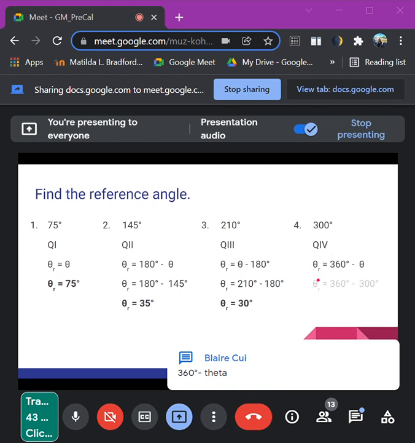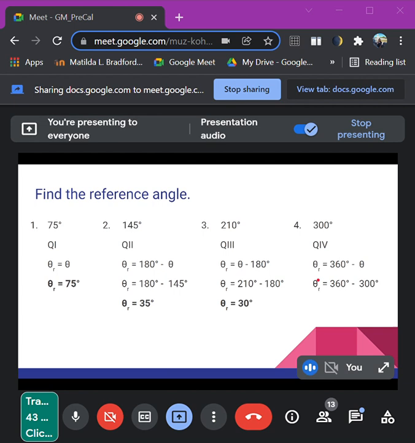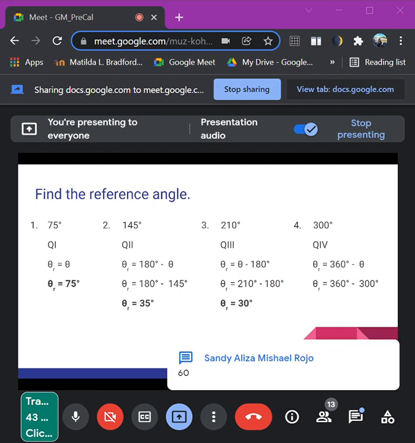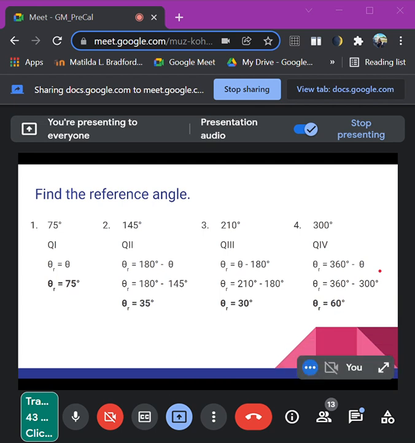Okay, 360 minus theta. So, 360 minus 300. That is 60 degrees. So, meaning to say, our reference angle is 60 degrees. Okay, now, class, do you have any questions for our reference angle? Any questions?